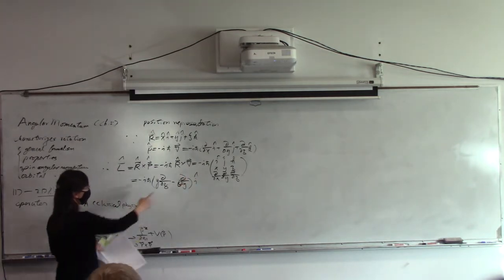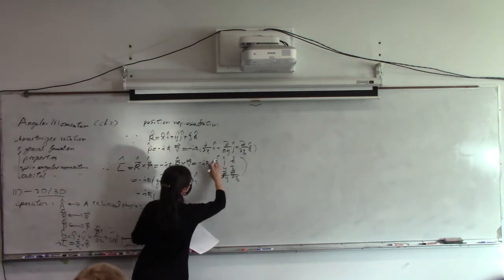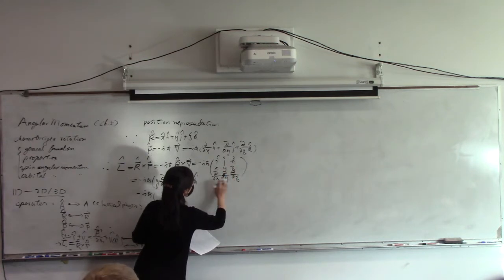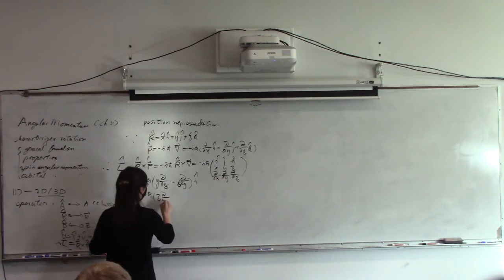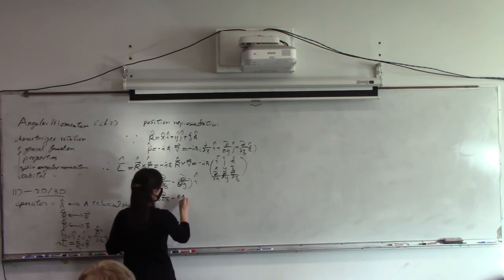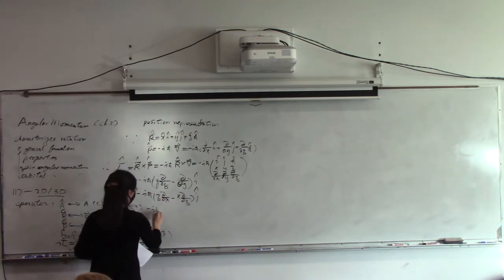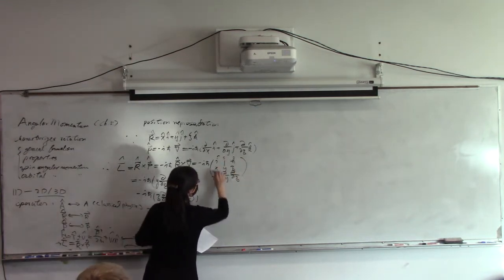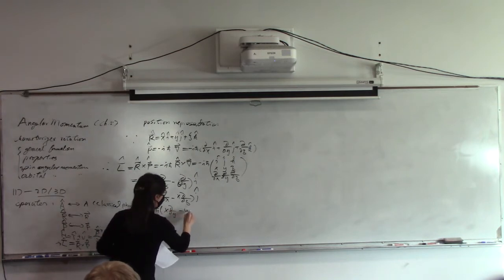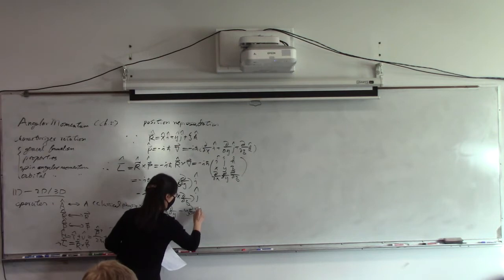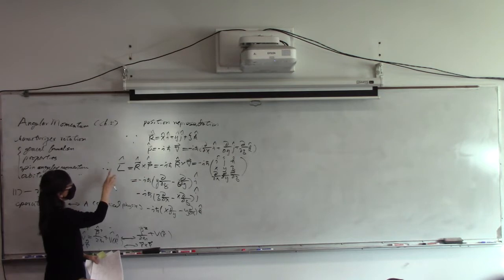The second one, the y component, is z partial x minus x partial z. That is the j component, and the last one is x partial y minus y partial x.